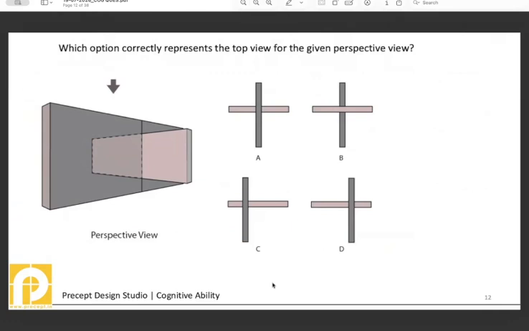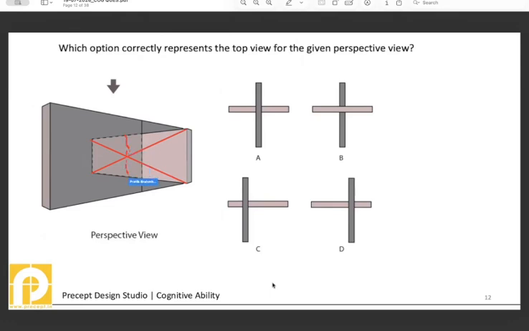Which option correctly represents a top view of the given perspective view? We are given here a perspective view. We have to identify the correct top view of this figure. When we look at this figure from the top, if I just draw the middle, in order to find the middle position, the midpoint of the plane, pink, this is where the midpoint of the plane will be.